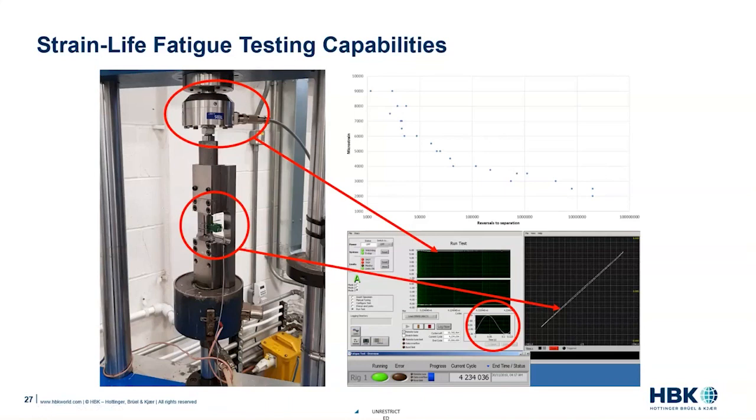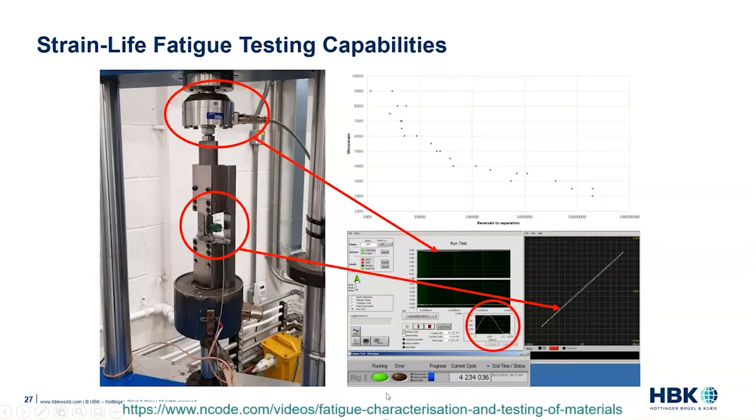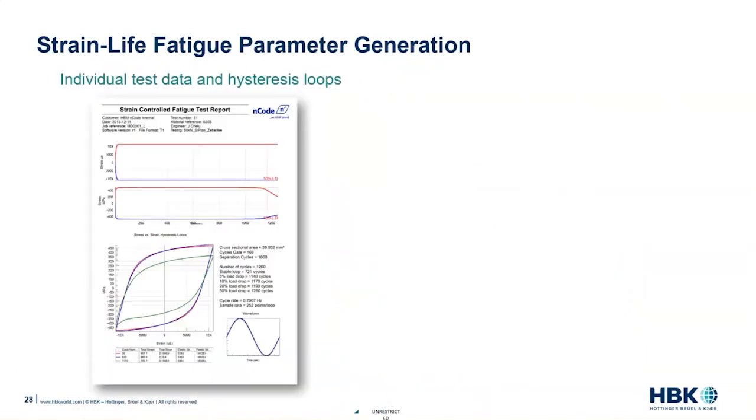There's then a lot of post-processing and further characterization to identify where the failure occurs, like a 10% load drop or 20% load drop. That whole characterization is described in much more detail in a previous webinar.